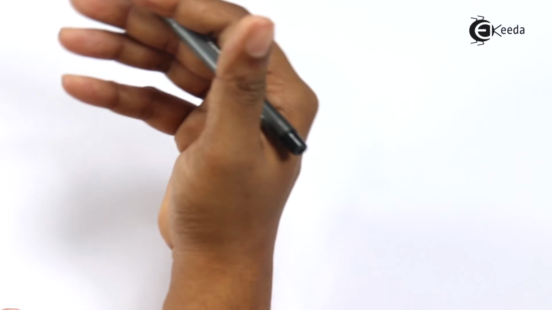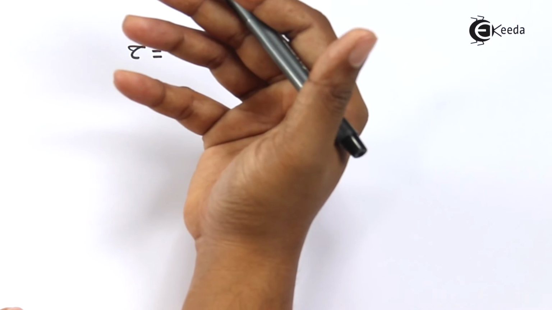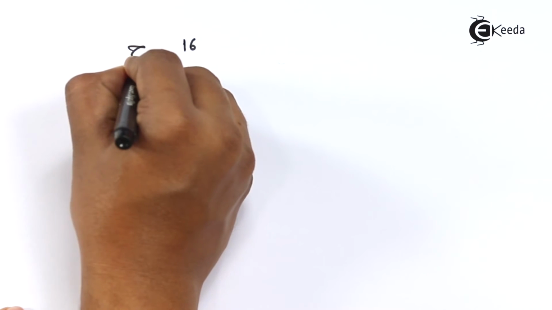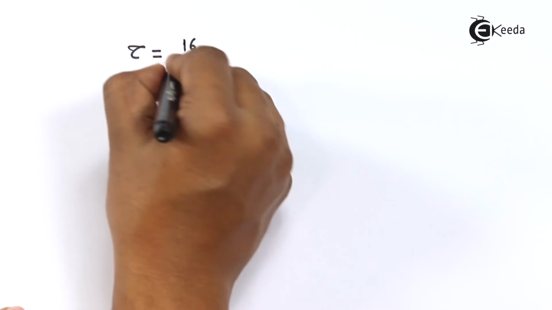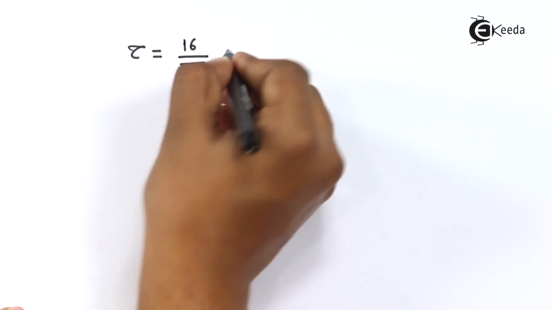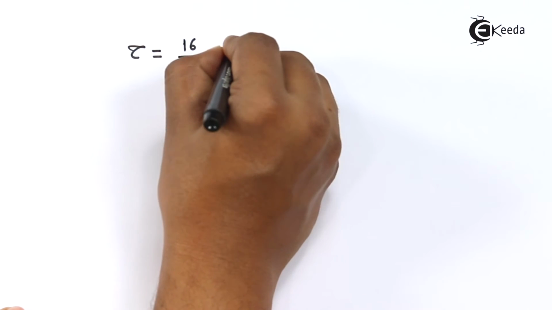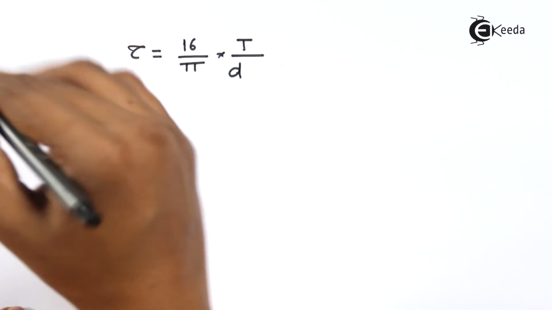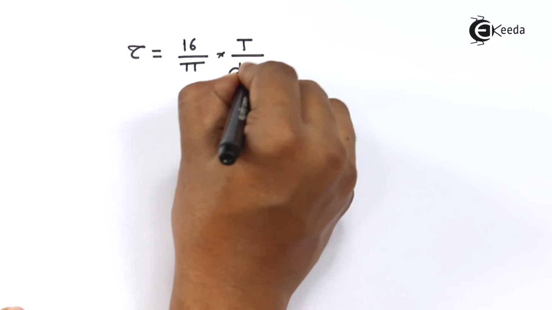Of course, it's based on the shear failure formula, and it says that the shear stress that can be induced, tau, is 16 by pi into the torque divided by the core diameter cube.